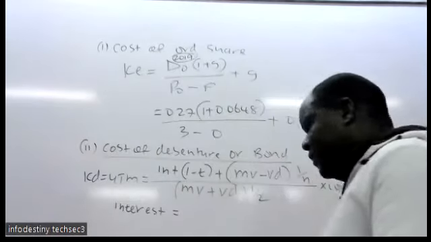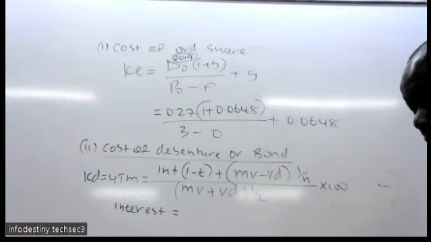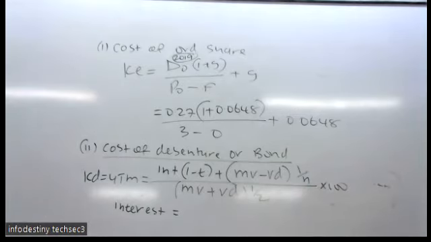To get the interest, you simply get what you are given up there under the shareholders' funds: the 7% bond. In note number 3, they have stated that the current market value of the bond is 77.1 per share of the nominal value of 100.